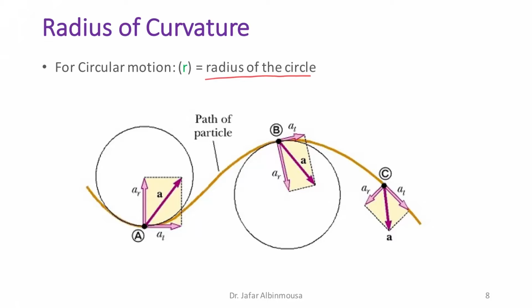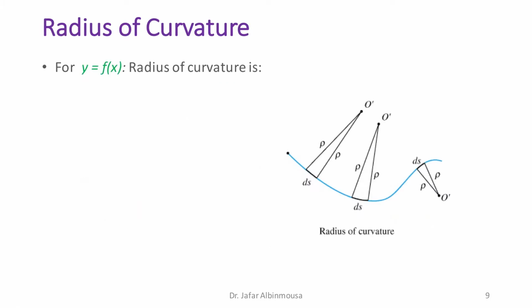But what we are going to see next is, what if the curve is a general curve? Then what is the radius of curvature? If we have a general curve represented by an equation y equals f(x), then the radius of curvature is calculated as follows.